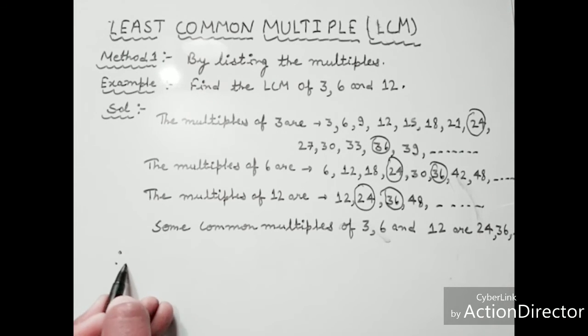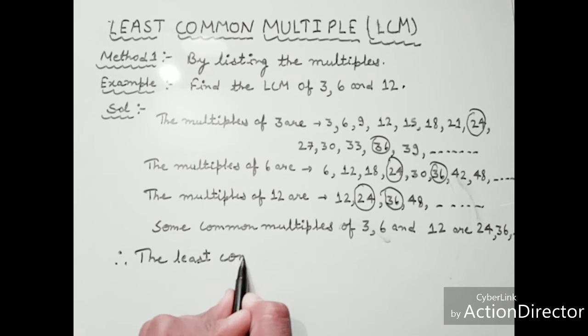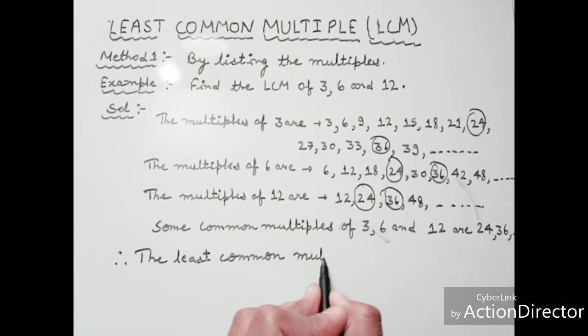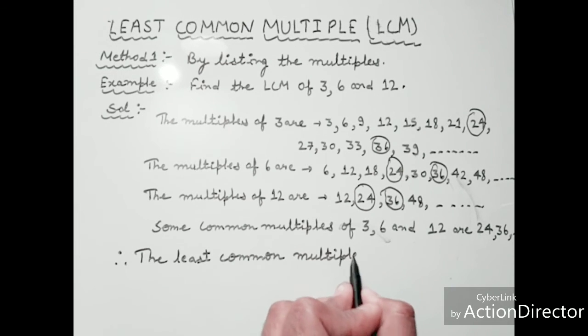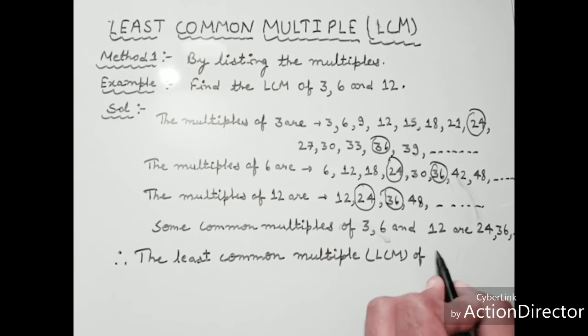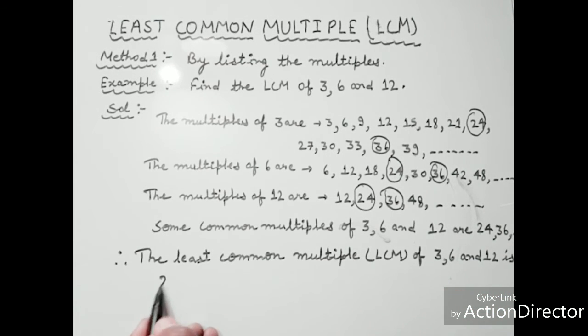Therefore the least common multiple, LCM of 3, 6 and 12 is 24.